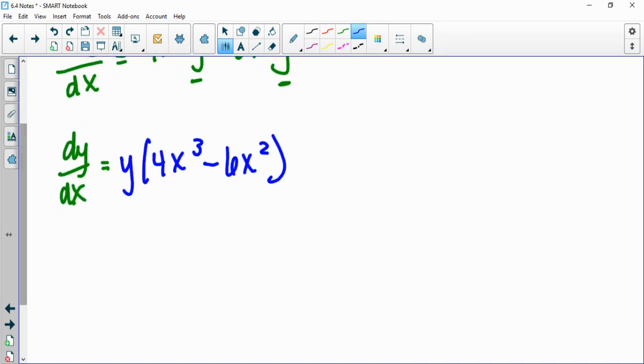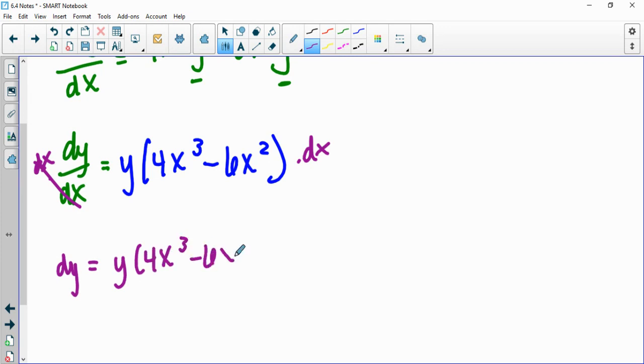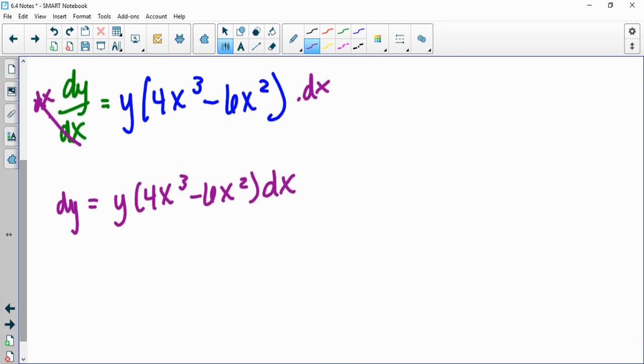And now you have something that you can separate. So I'm going to multiply both sides by dx like I was doing previously. So we got dy equals y times 4x cubed minus 6x squared dx, and then I'm going to divide by y. It's multiplied, we want it on the other side, so we divide.